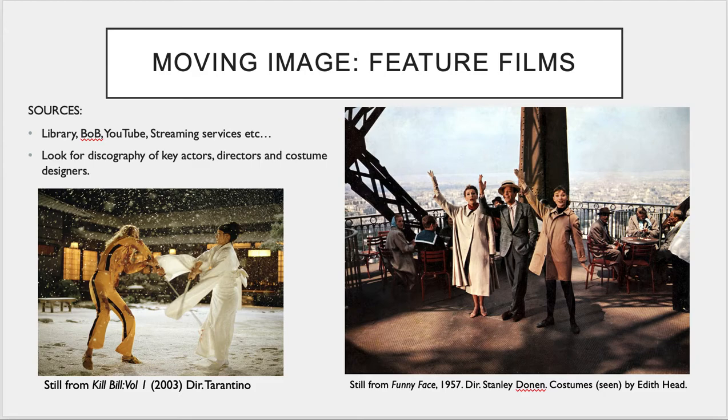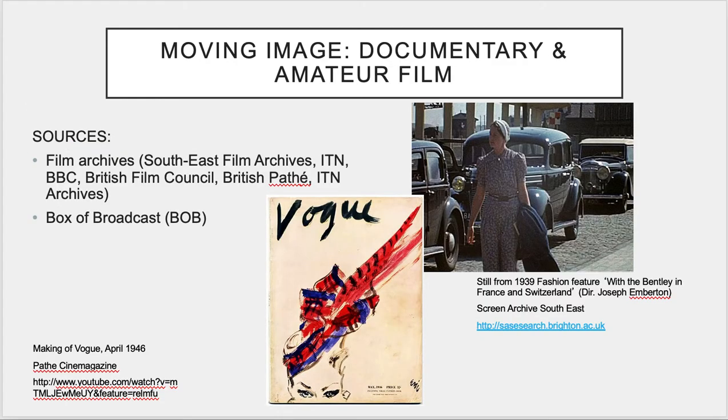So usually the costumes in costume dramas can tell us more about the fashion around the time the film was made than when the film was set. So the really great thing, of course, about film is that unlike still images, they show clothing in motion, which of course is how we experience clothing in real life. So clothing is inherently kinetic as it's designed for a moving body.